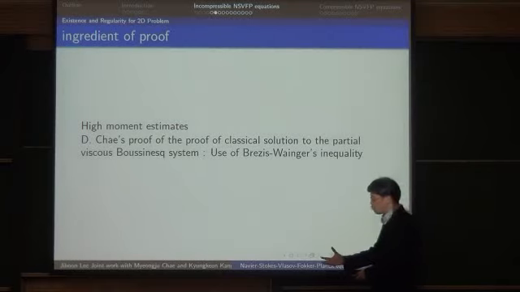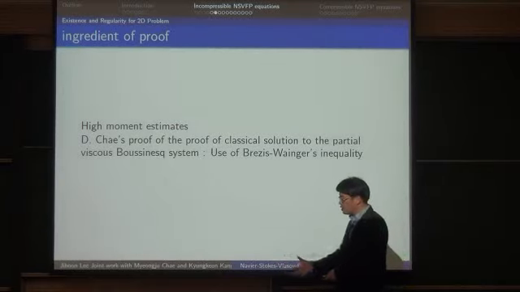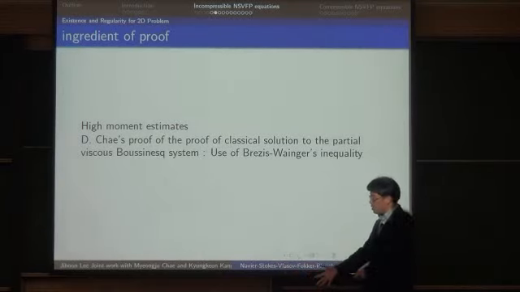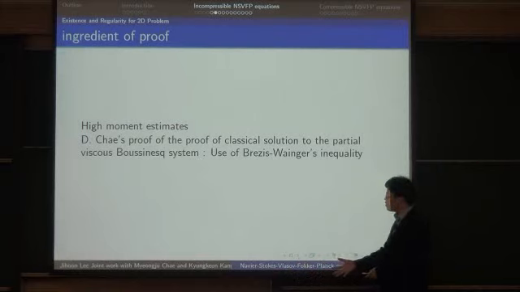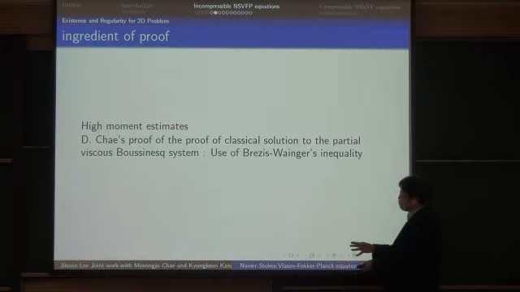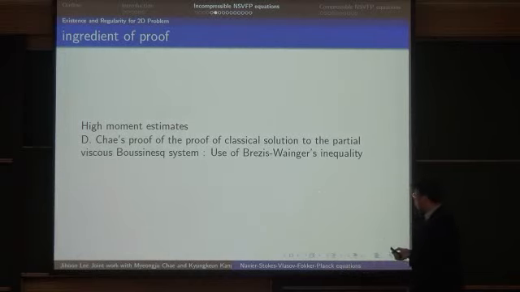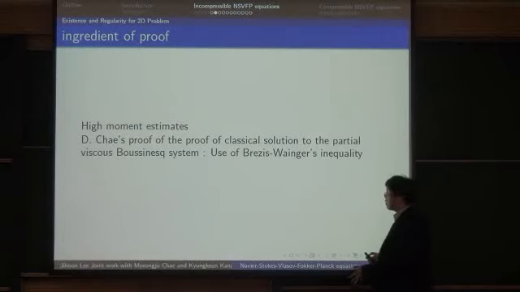If we consider the two-dimensional Navier-Stokes equations and the Vlasov-kinetic systems with no dissipations, and we consider the coupled systems, then using the Bridges-Wiener inequalities, we can have the global existence of the classical solutions.